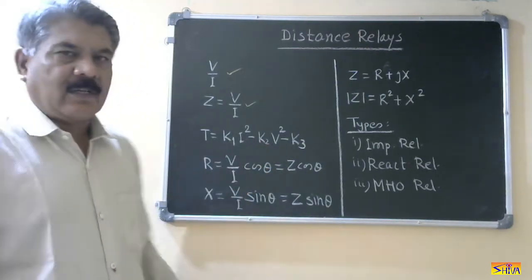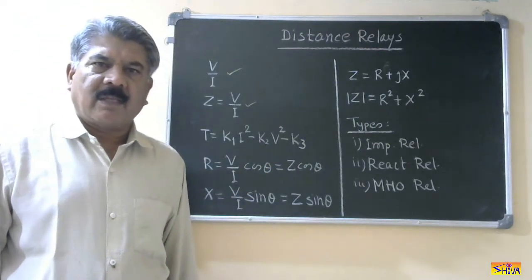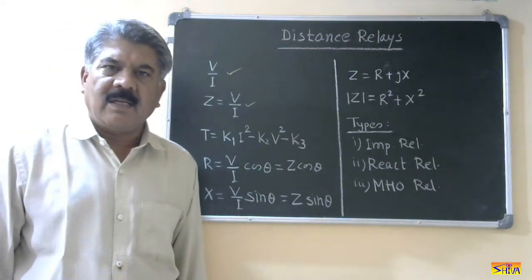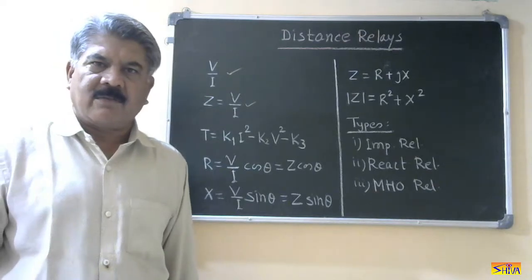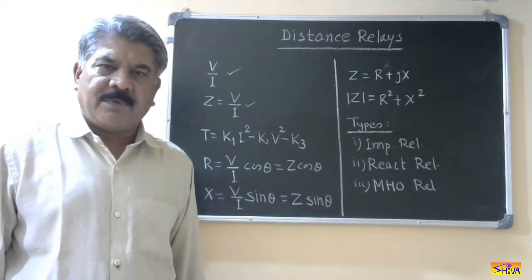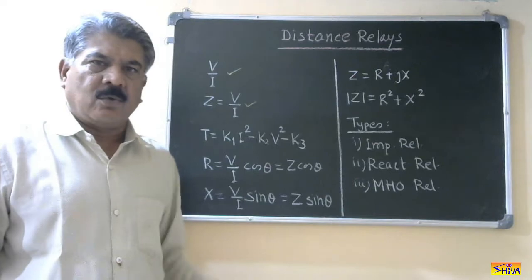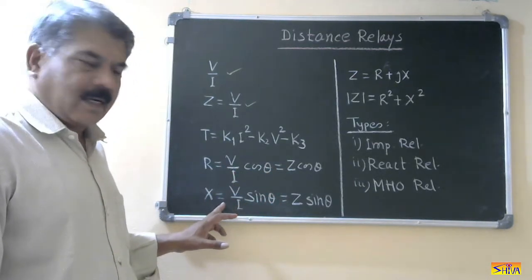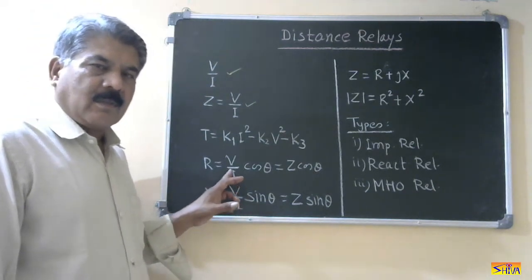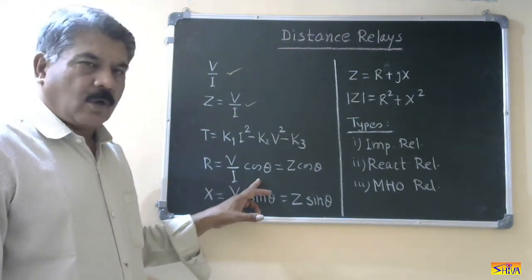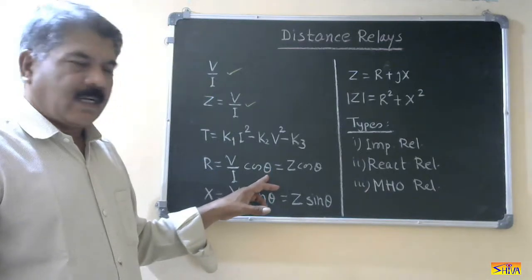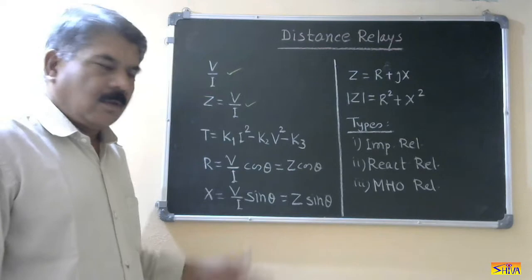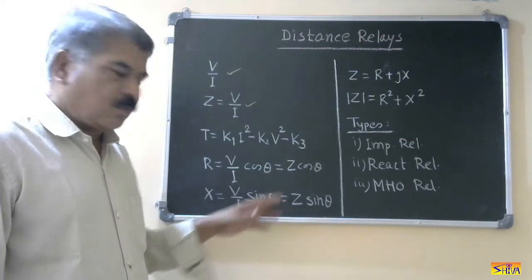Now the characteristic of these distance relays can be plotted on Rx diagram by converting three basic electrical parameters, that is voltage, current, and phase angle between voltage and current, into two electrical parameters, that is resistance and reactance. So resistance is V upon I cos phi or cos theta, that is Z cos theta. You can use either phi or theta as notation.